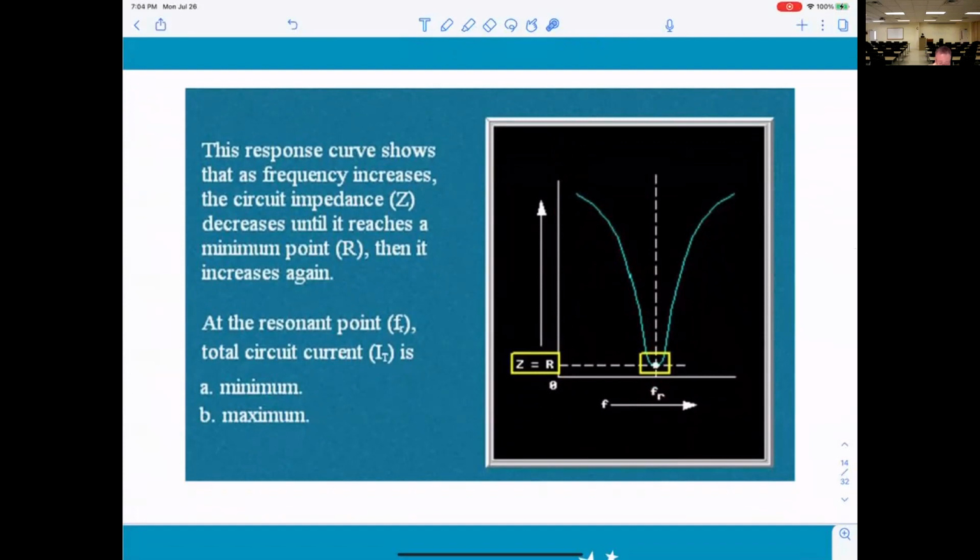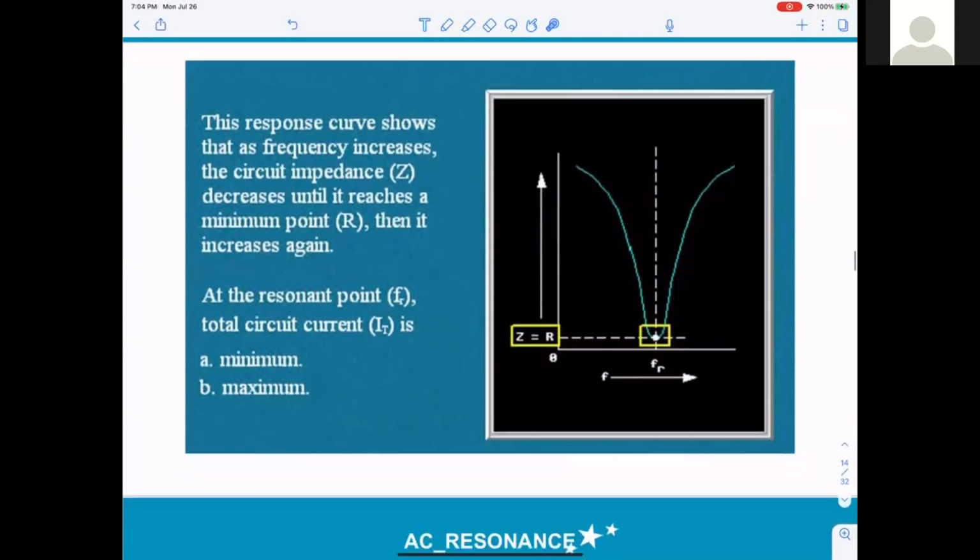So in the circuitry at this point, total impedance only equals R. So at the resonant point, is total circuit current IT minimum or maximum? Maximum. Perfect, maximum.